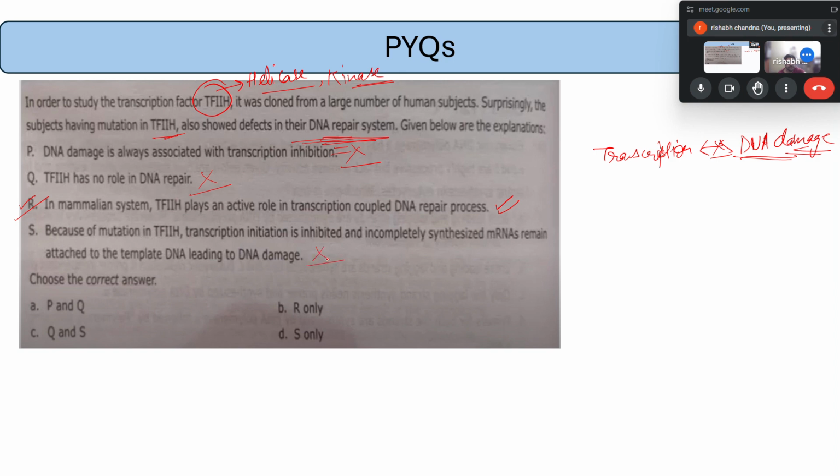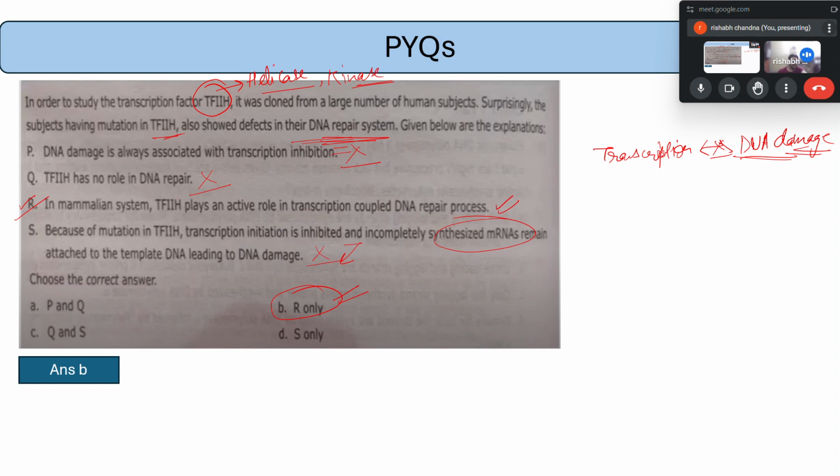This cannot be the case because the mRNAs are not synthesized first of all, since the initiation is already inhibited, and this does not lead to any DNA damage. This will recruit certain proteins that will cleave off the RNA, the polymerase and the different transcription factors, but this will not lead to a DNA damage response inside the system. So here the correct answer would be R only. This would be the correct answer.